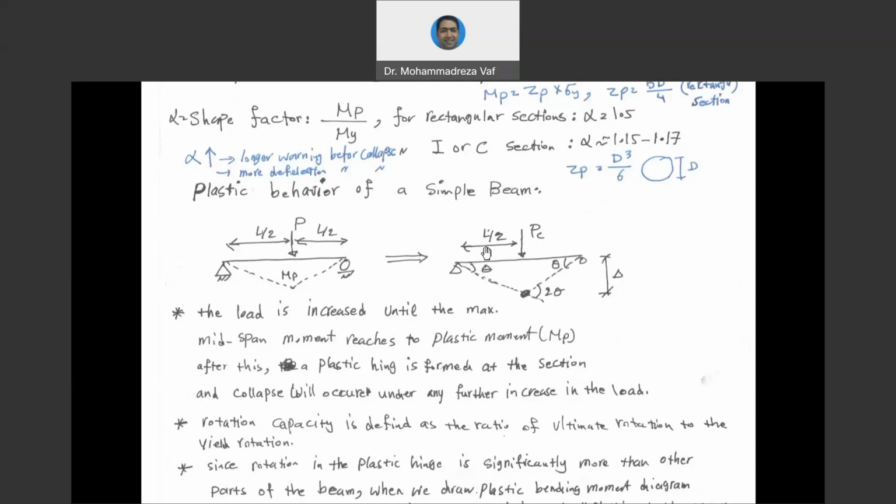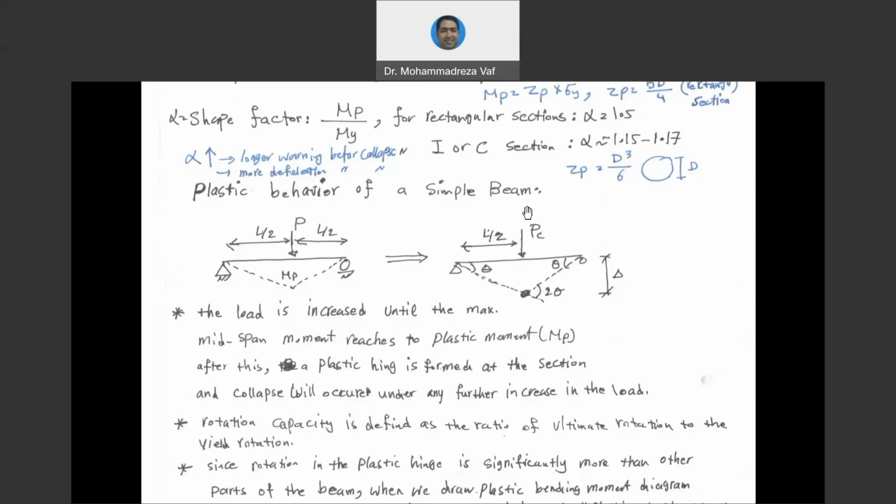Okay, so why did I say all these things? Because the technique that we use in order to calculate this critical load is based on the kinematic approach. And the kinematic approach says that basically the internal work done by this plastic hinge should equal the external work done by this force. You know, work is always force multiplied by displacement.